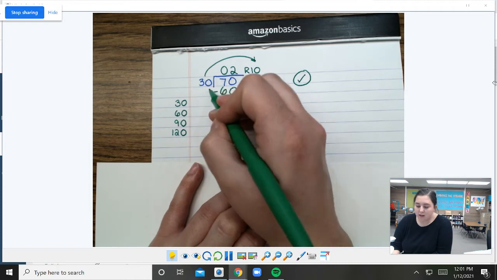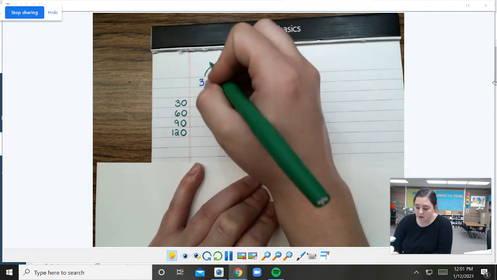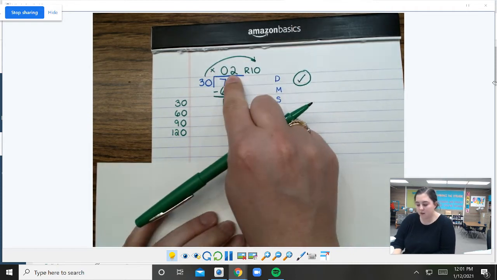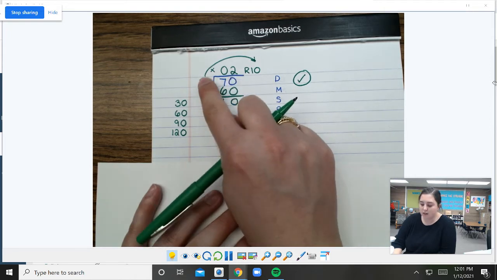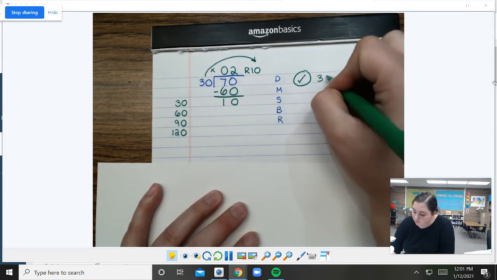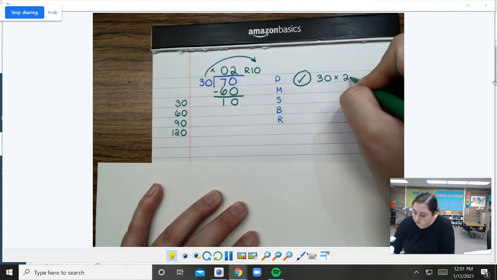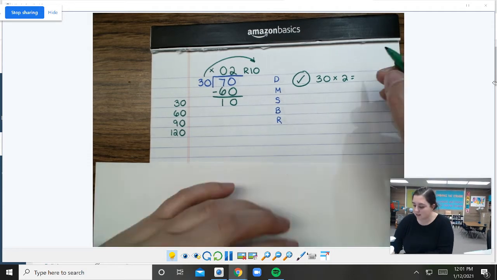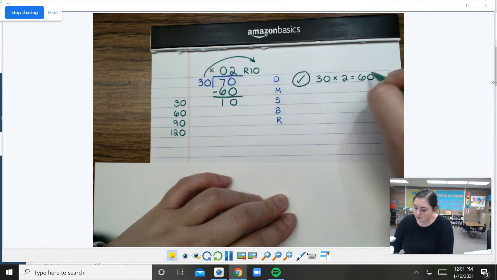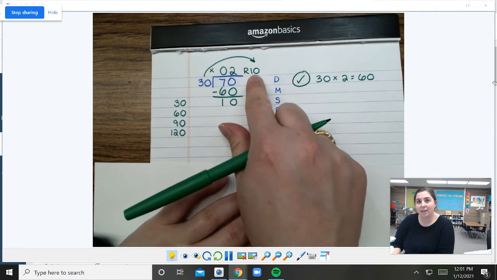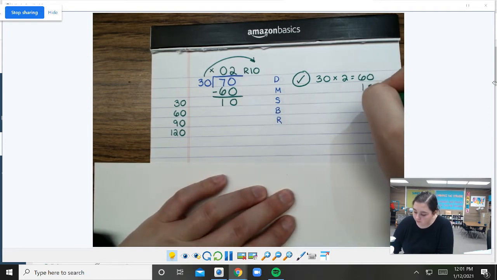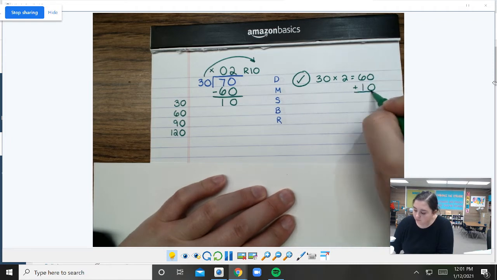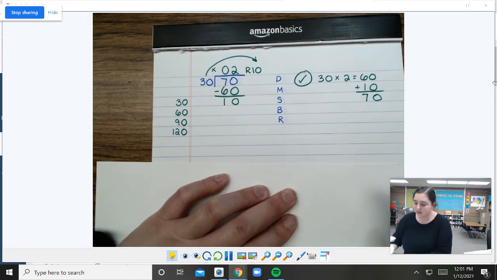I'm going to take that number, the 30, multiply it by the number up top. So 30 times 2. What is 30 times 2? 30, 60. And then add the remainder. 60 plus 10 is 70.